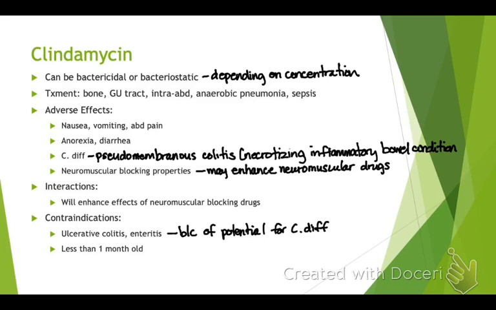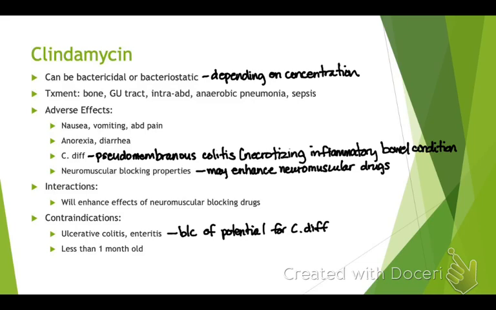Well, now we're going to start with clindamycin. Again, clindamycin can be bactericidal or bacteriostatic, depending on the concentration that we give. We use this to treat bone, GU tract, intra-abdominal, anaerobic pneumonia, and sepsis types of infection.